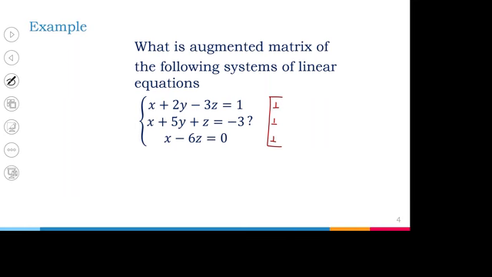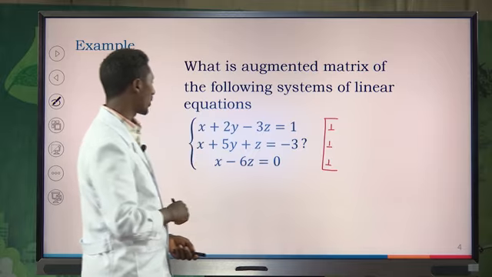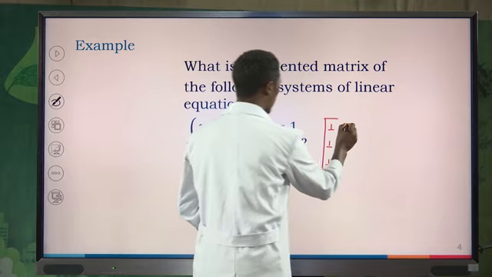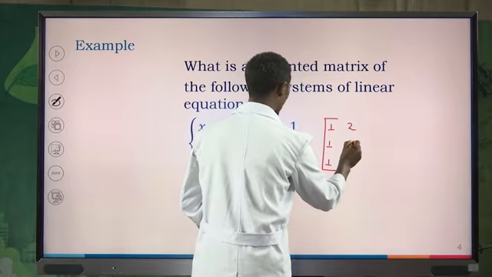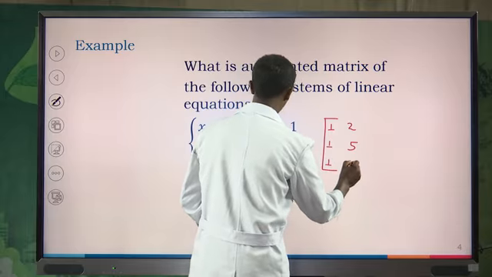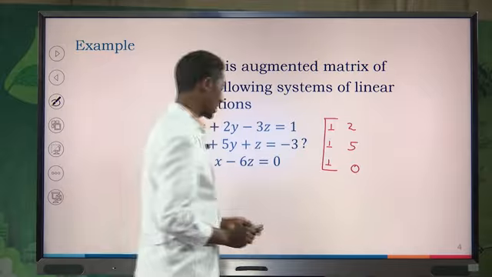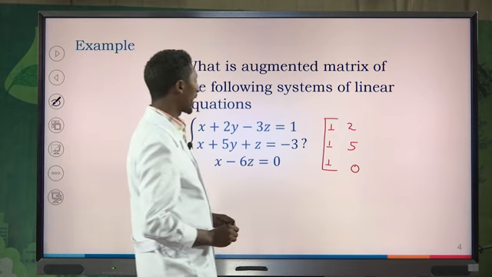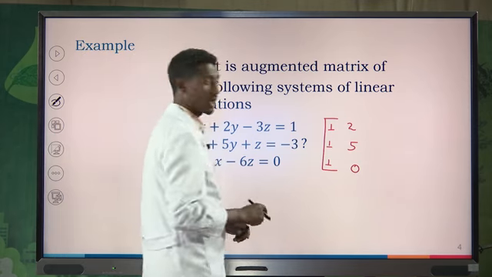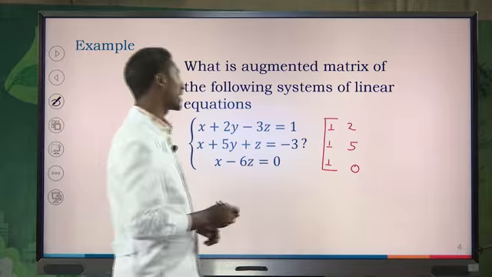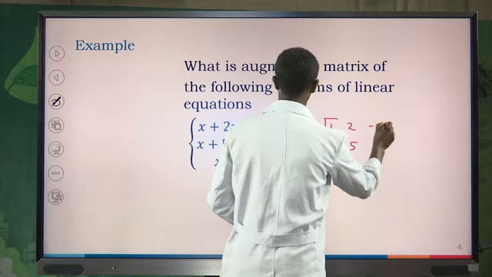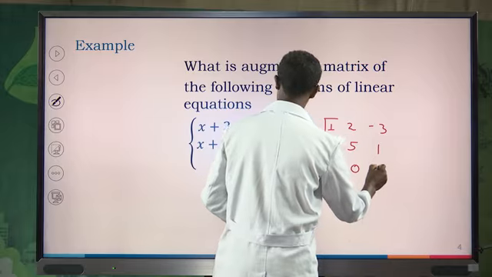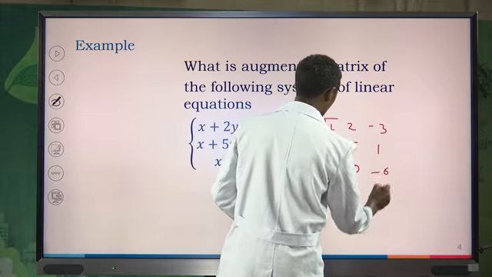So the first column represents the coefficients of x for each equation. Then the coefficients of y: 2, 5, and 0, because in the third equation there is no variable y. And the third column contains the coefficients of z, that is -3, 1, and -6.